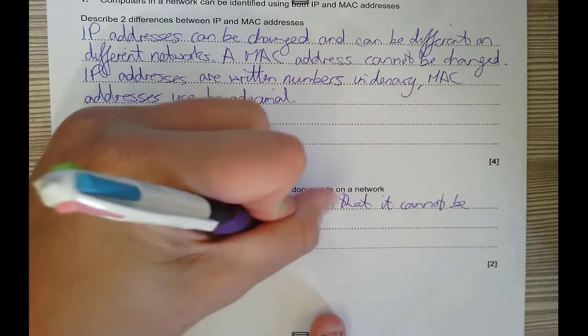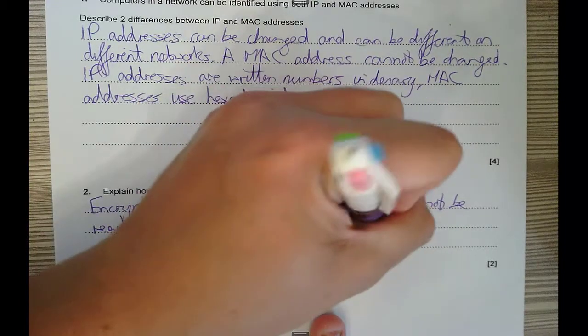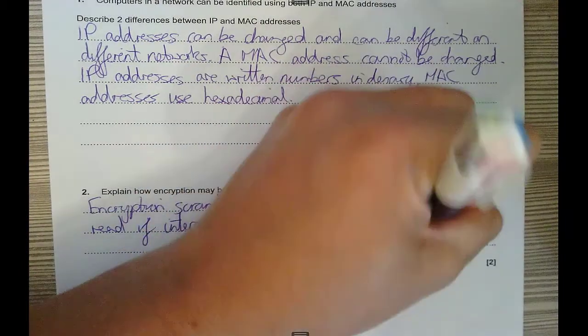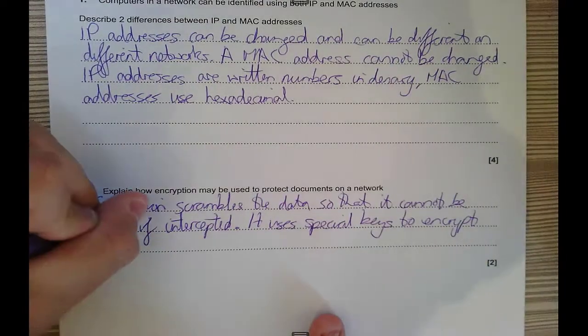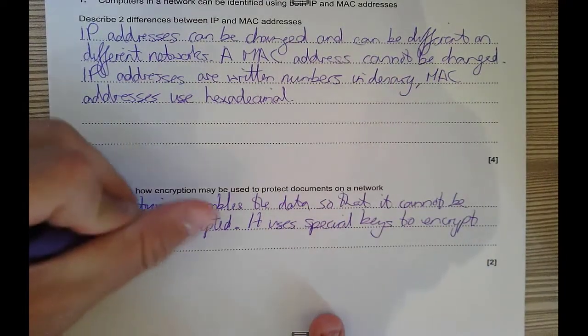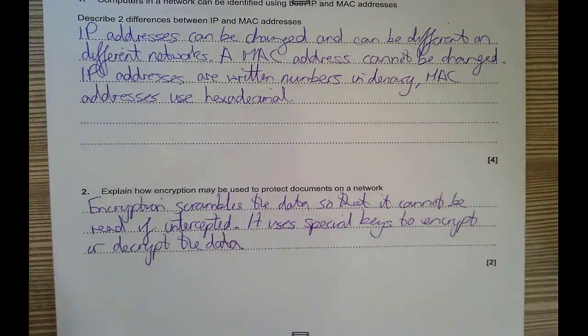It uses special keys to encrypt or decrypt the data. Okay, so there's my answers. So we explained for 2 marks. We've sort of made a point and expanded and explained why, how it protects it.